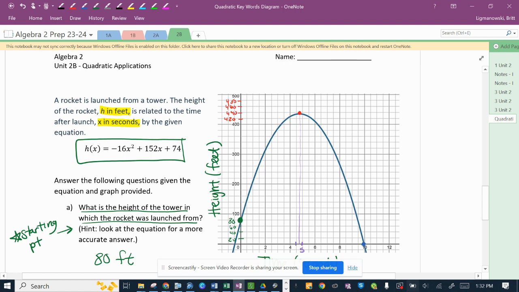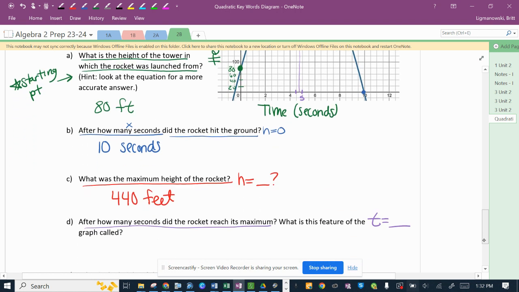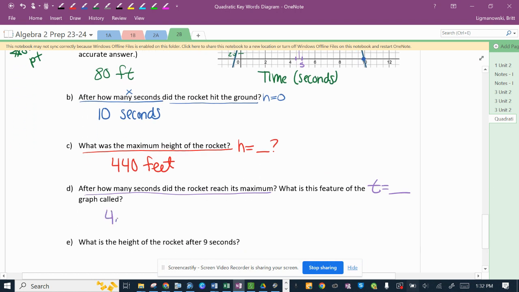So this would be 4.5. So halfway between 4.5 and 5 would be 4.75. But then it is asking a second question here, so let's not forget that. It says, what feature is this called? So the feature that we're talking about when it's at the maximum, that is the vertex.